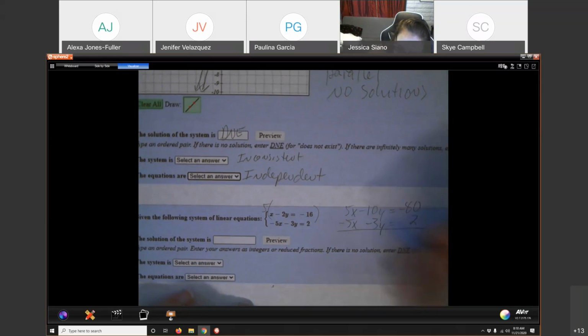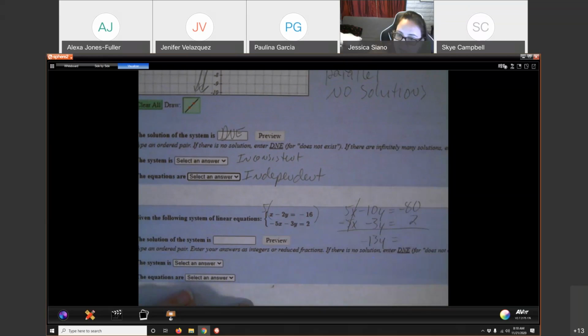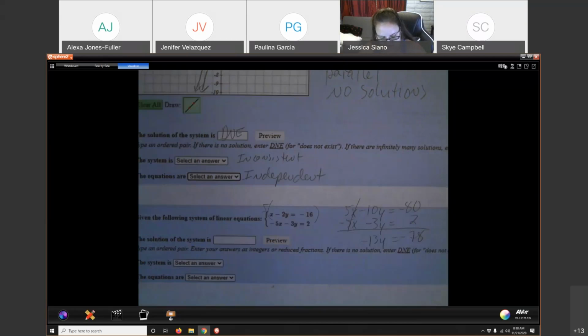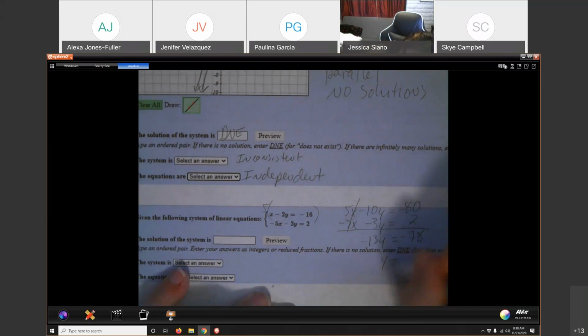And I did that so that I can combine these equations, because when I do now, my x's will cancel. And I'll have negative 13y equals negative 78. And then negative 78 divided by negative 13 is 6.